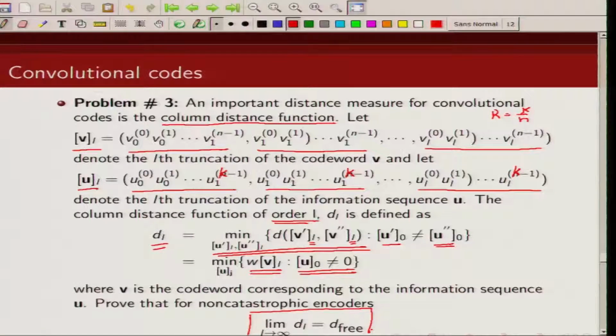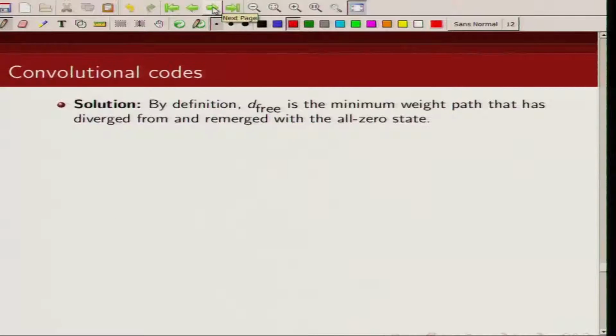In fact, after 3 or 4 constraint lengths, you will see the column distance function reaches d free and then it remains there. So, by definition, what is the free distance of a convolutional code? It is the minimum weight path that has diverged from an all 0 state and merged back into the all 0 state.